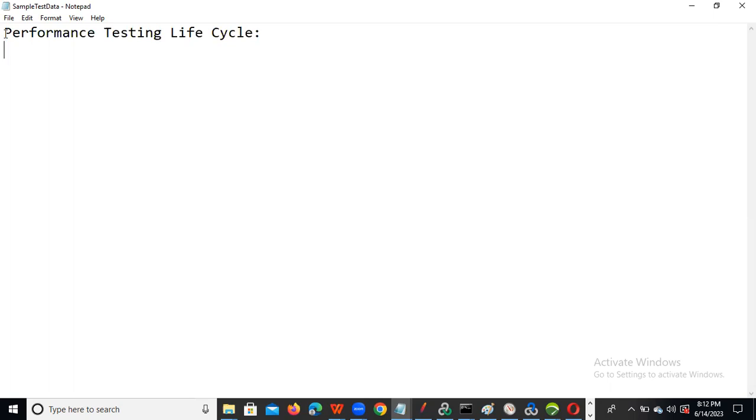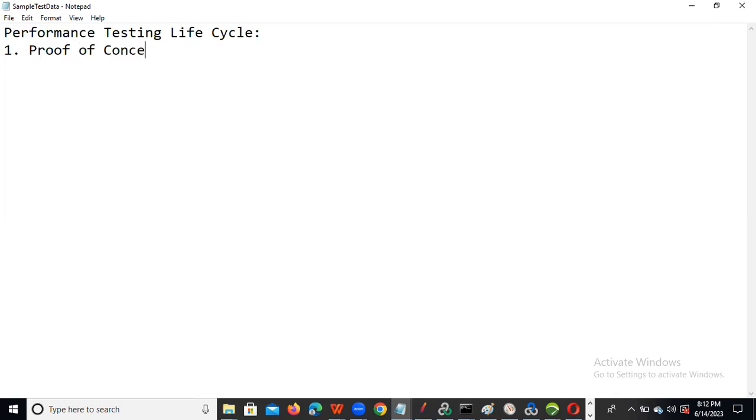If you are doing performance testing, what steps do I need to follow and how do I complete this entire project? So there is a performance testing life cycle. If anyone asks what your roles and responsibilities are, or which process you follow in your organization, every answer will be the same: the performance testing life cycle.